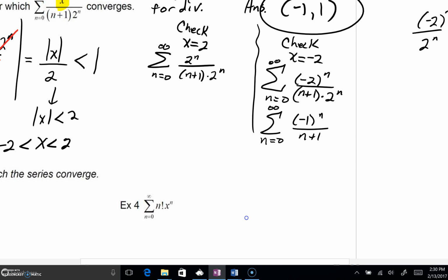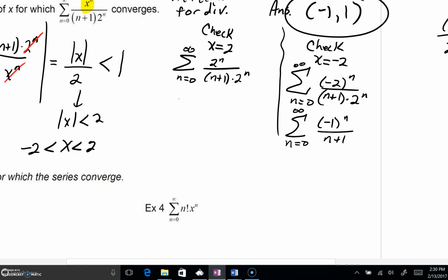Now, of course, we have our two series right here. This first one works out a lot nicer. What I want you to do is always consider the positive term series first. Here's why. If that series converges, let's hypothetically say it did, you're going to be delighted when you check the second one.